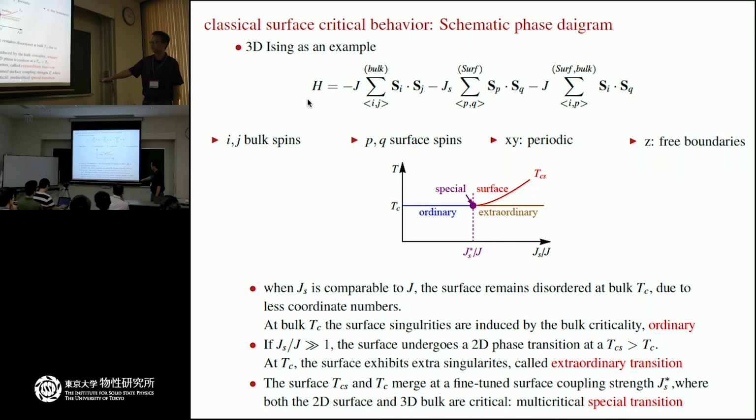This is a multicritical point called the special transition. So this is the phase diagram of this simple classical case.